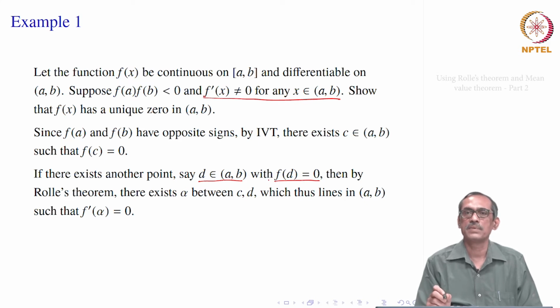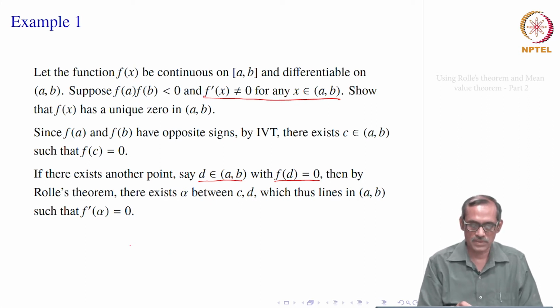Now, think of f on the closed interval [c, d], which is a subset of [a, b]. On this closed interval [c, d], f is continuous, and on the open interval (c, d) it is differentiable.